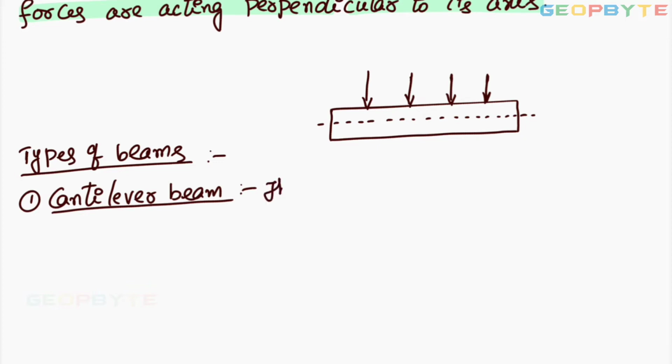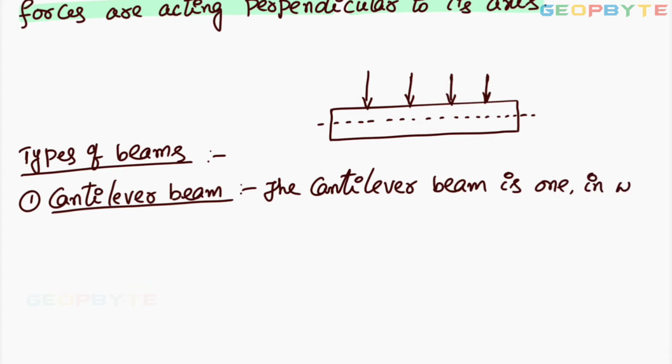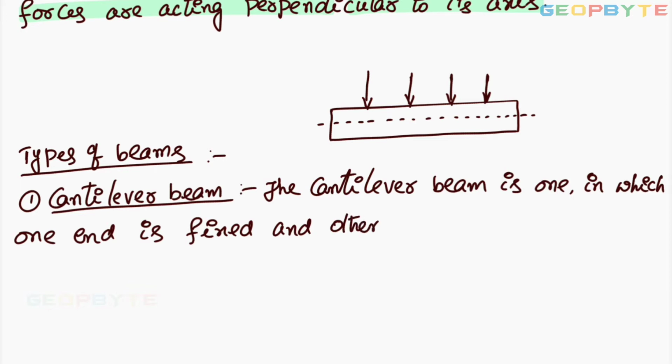The cantilever beam is one in which one end is fixed, and the other end is left free.